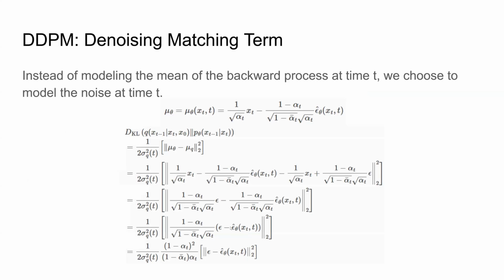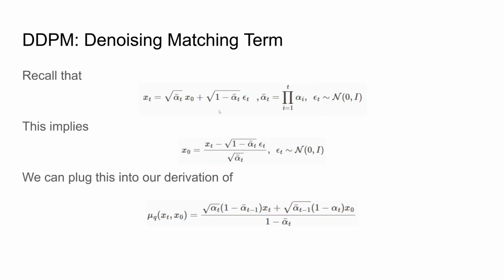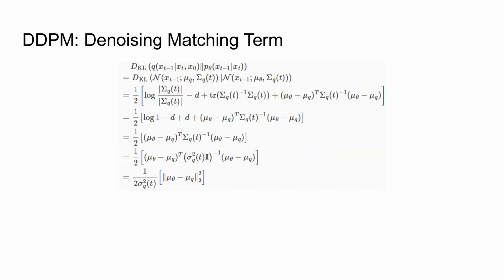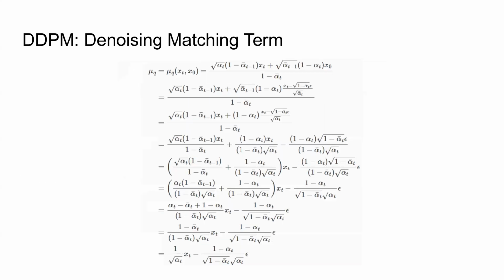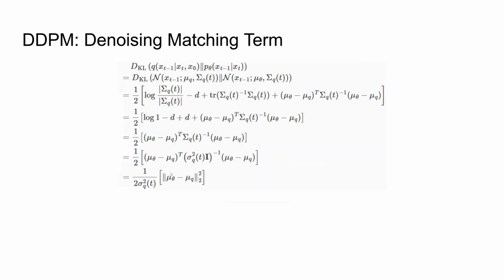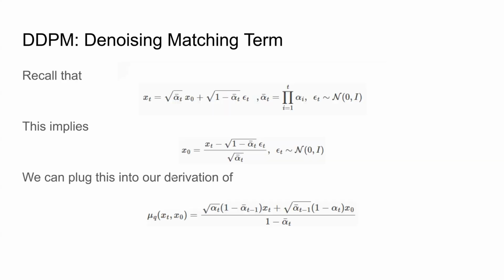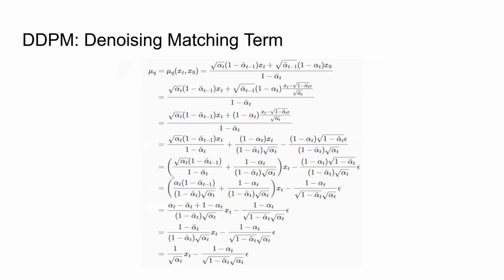And similarly, like what we just did, right? If we want the two distributions to be close, we want this term to be close. And if we want this term to be close, we can just parameterize this mu theta here to be as similar to this as possible. And we know that the only thing that is not fixed is this epsilon here, because alpha bar is just the product of all the alphas, and the alphas are predefined values.